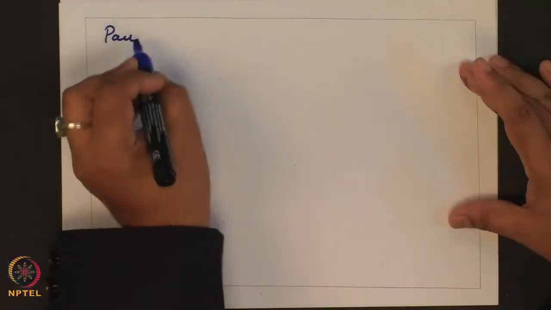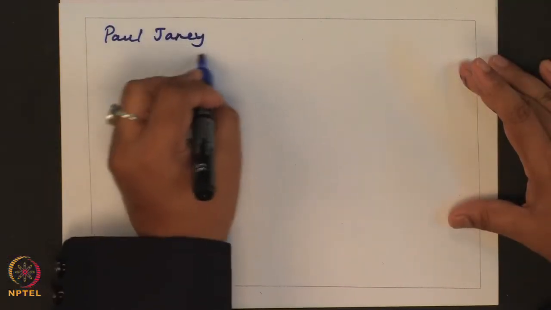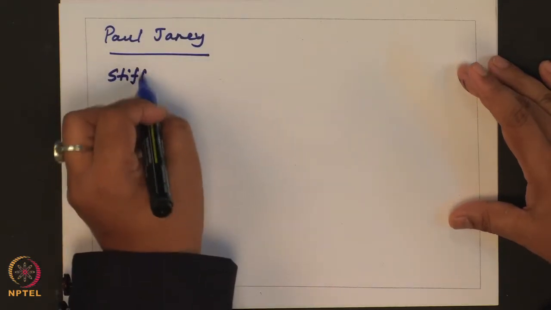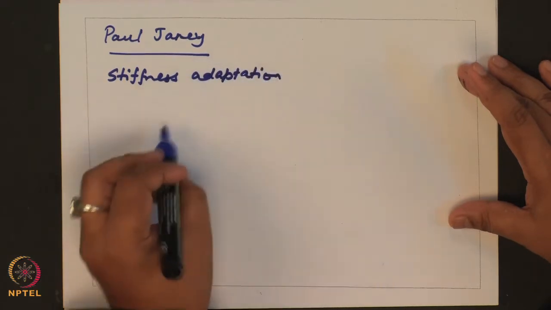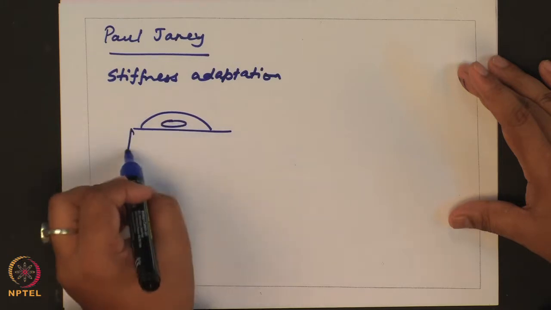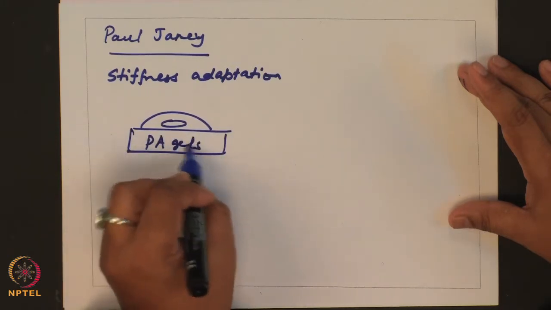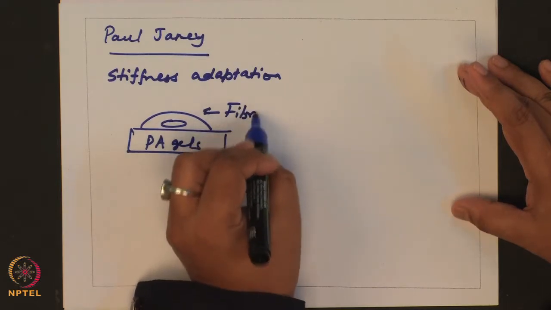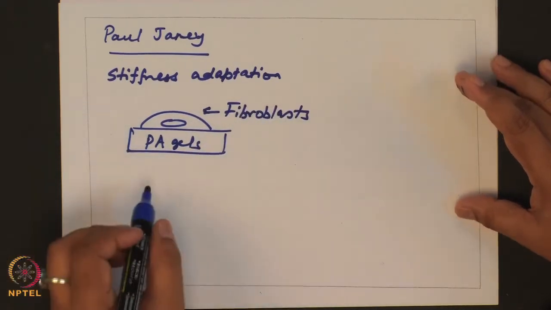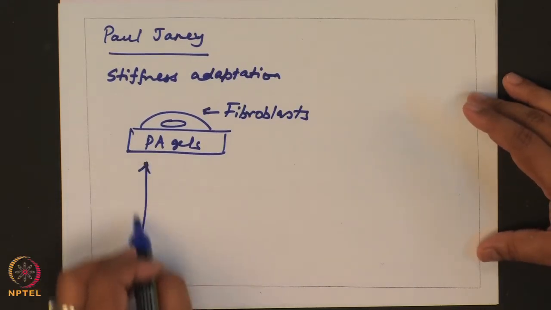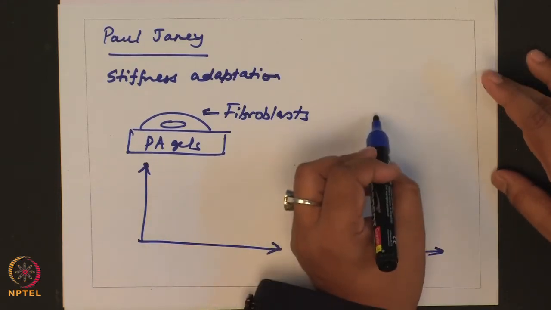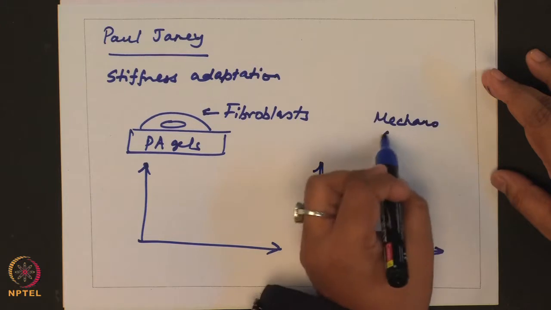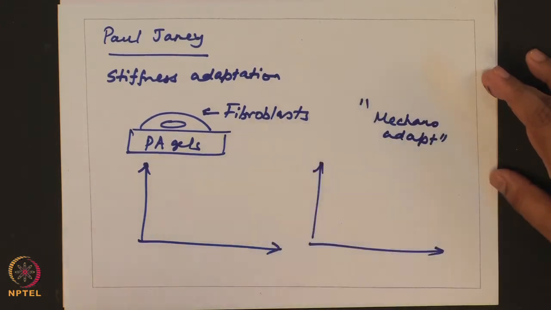Now, let us take a few examples. Paul Janmey did this experiment of stiffness adaptation, in which he plated fibroblasts on gels of varying stiffness and asked how the cell mechanoadapts.